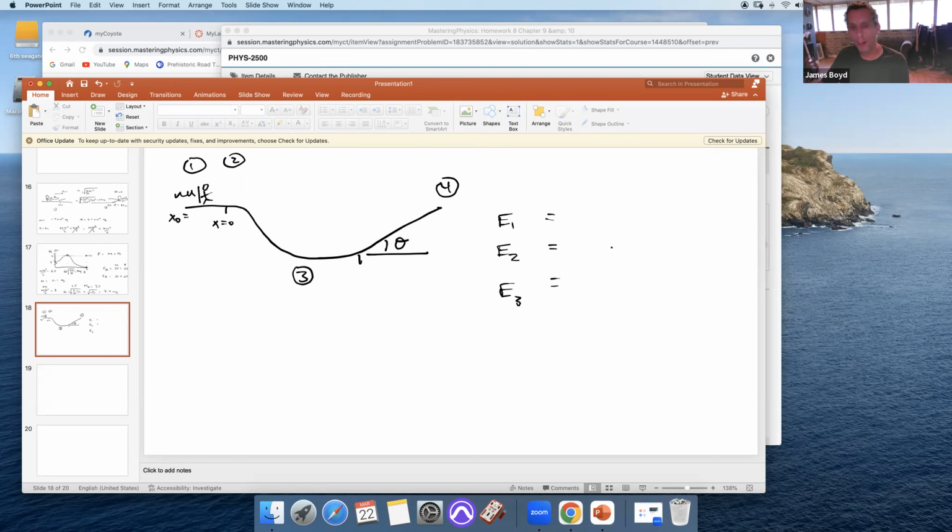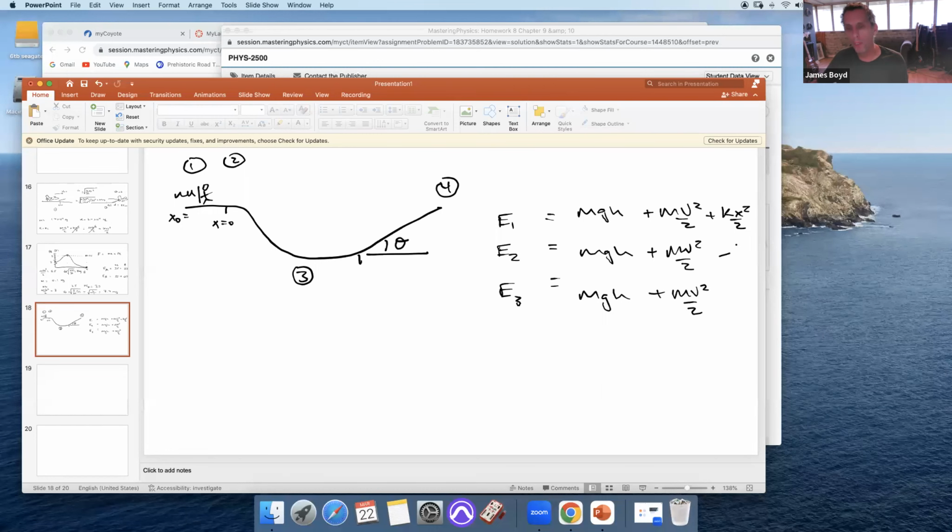All you have to do is write the energy: mgh, mv squared over 2, plus kx squared over 2.